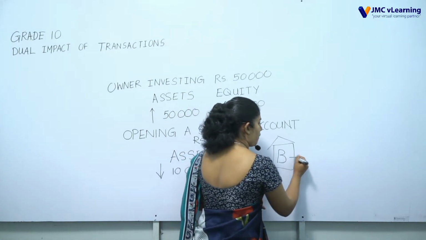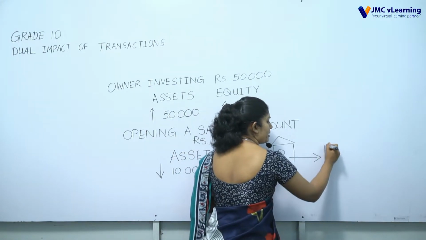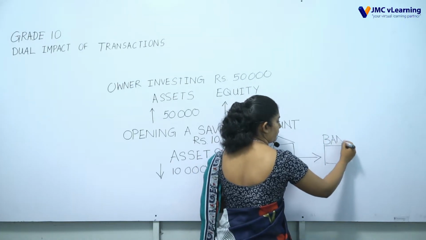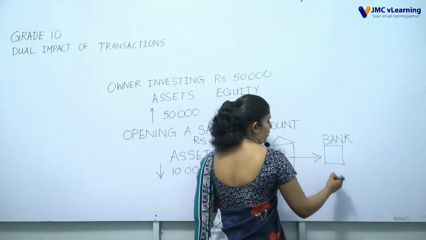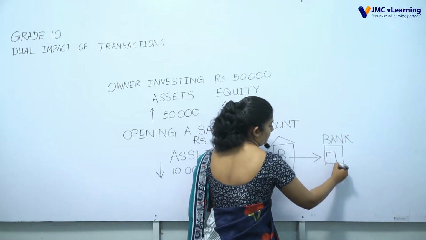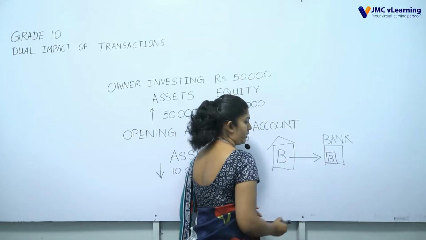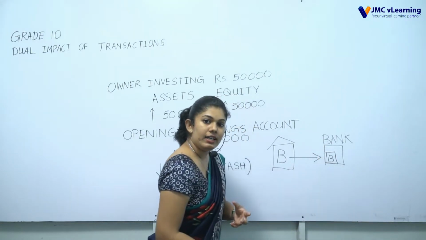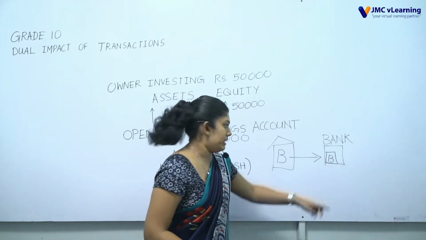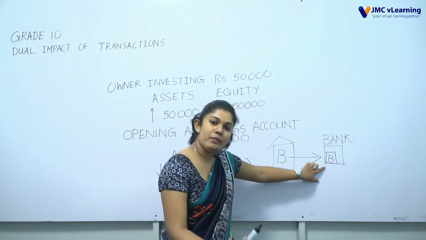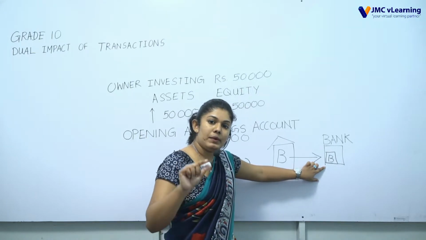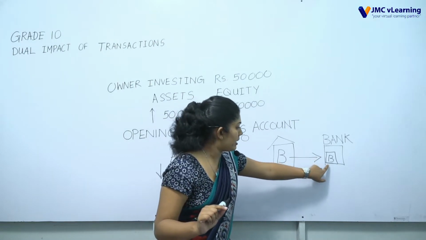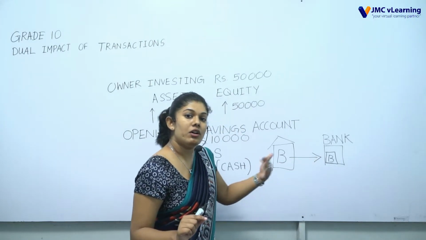We take cash from this business and we deposit it in the bank on behalf of the business. We deposit it in the bank, but still it belongs to us. This is our money in the bank in a separate account for us.